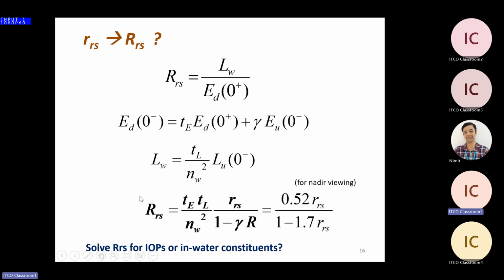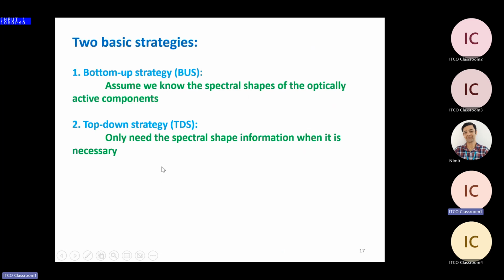Then how to solve? This RS is what we can measure or obtain from satellite or airplane remote sensing. Then we want to use this as input to solve IOPs or in-water constituents. As I mentioned a moment ago, there are two strategies. One is bottom up. Basically, we assume we know the spectral shapes of the optically active components, and build a remote sensing reflectance, trying to match the measured remote sensing reflectance.